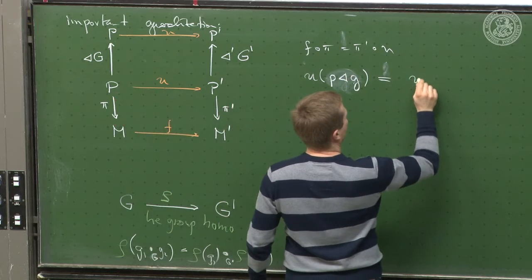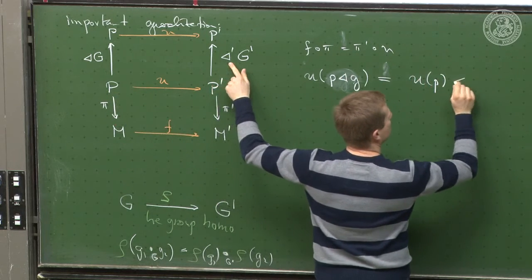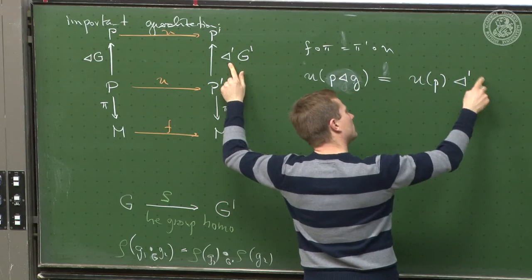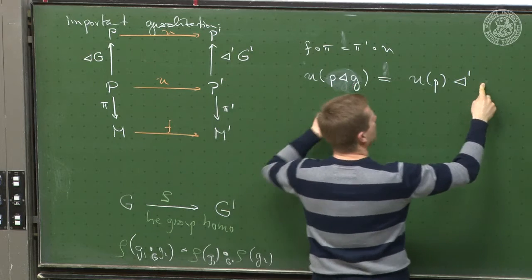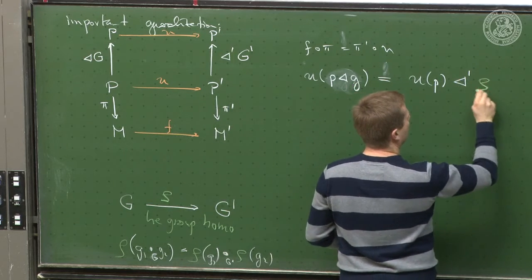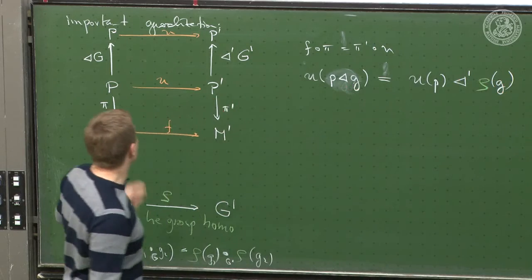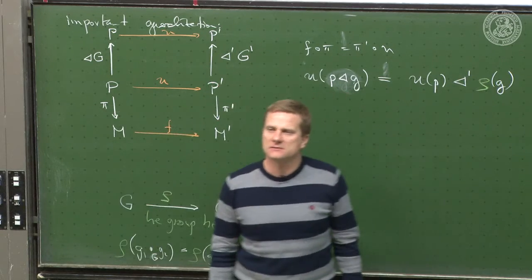This now be first U of P, you first go here, and then you act with this guy, but now there is another group with respect to which this is an action, but you have an element from the group over here, so obviously you now invoke the rho first, to make an element from the G group into an element of the G prime group so that it can act from the right.